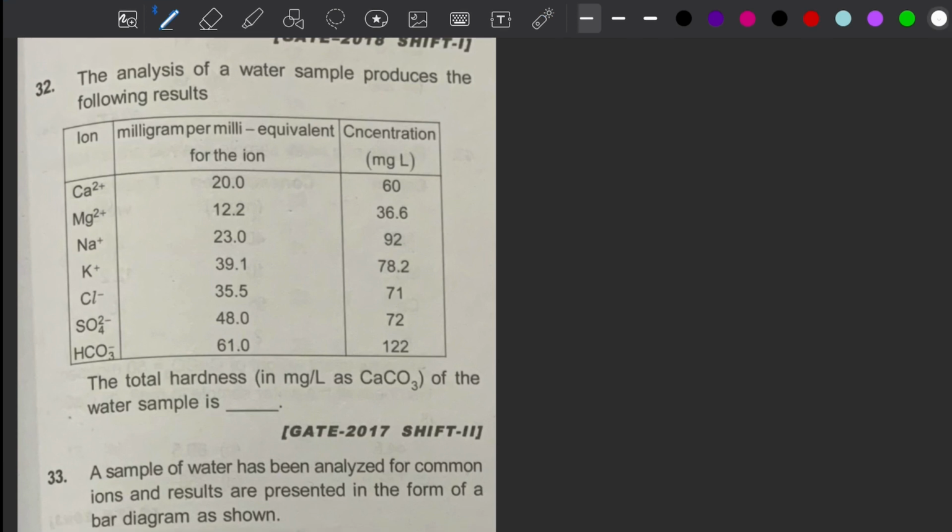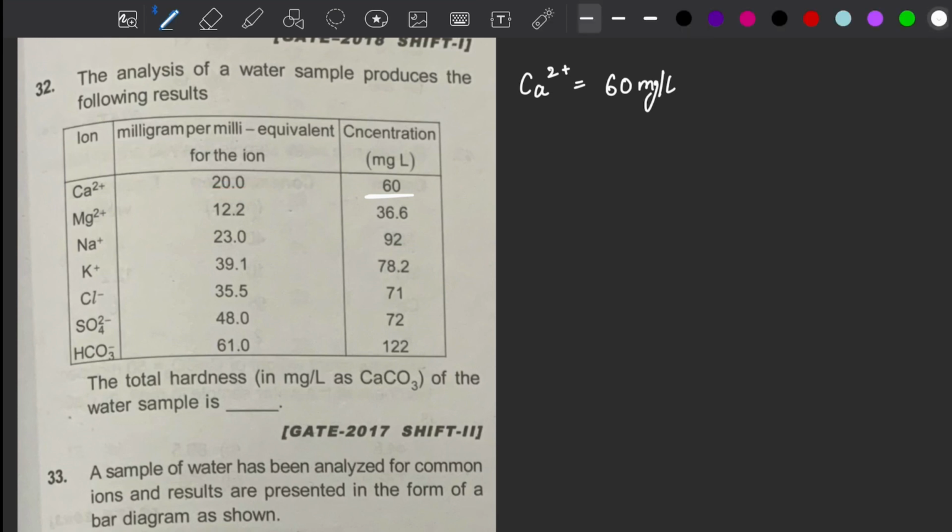Now, for calcium Ca2+, they have given the concentration 60 milligram per liter, and its equivalent weight is also given, that is 20.